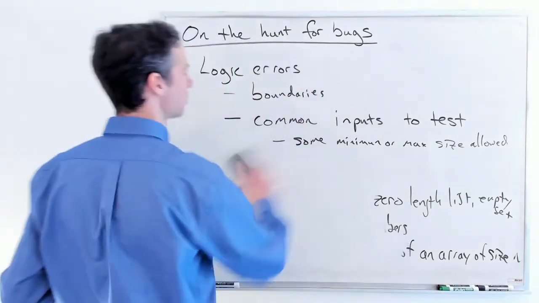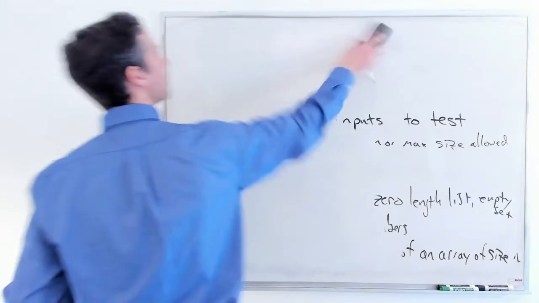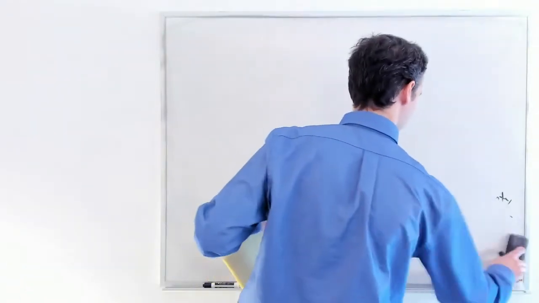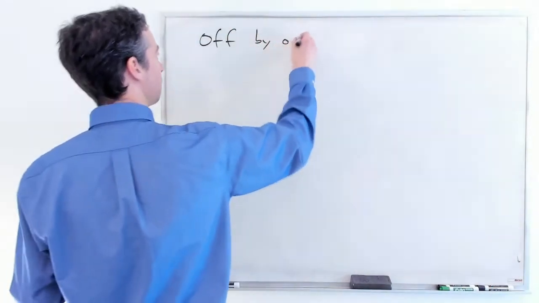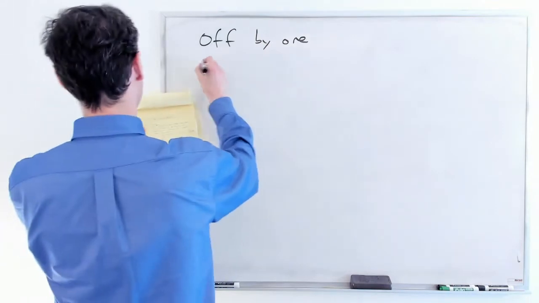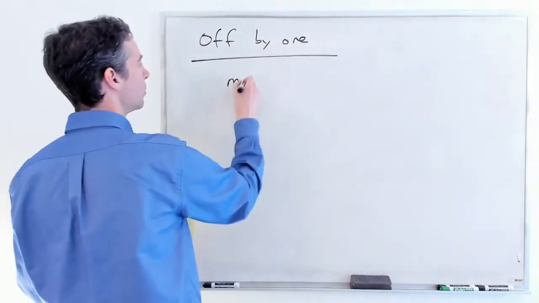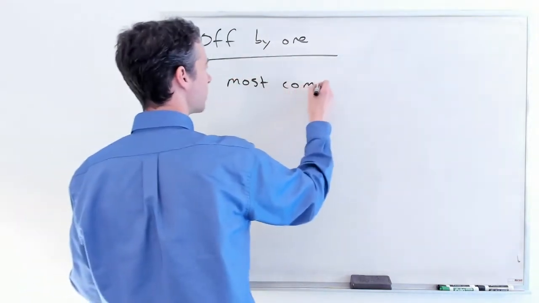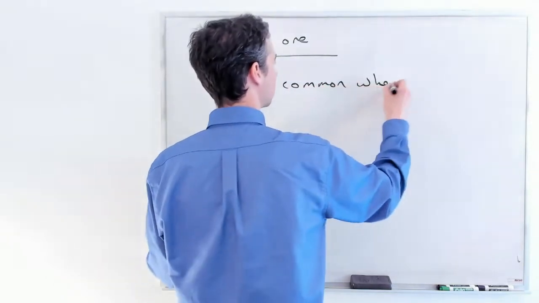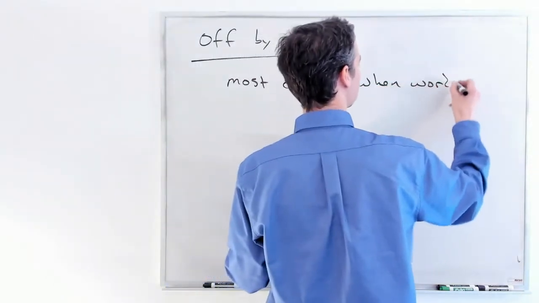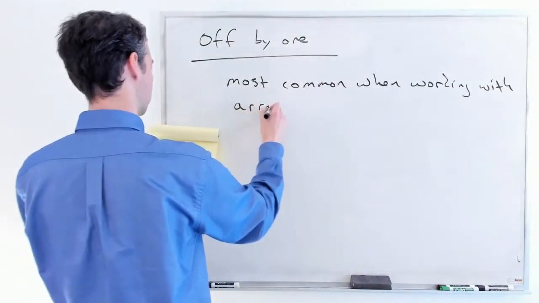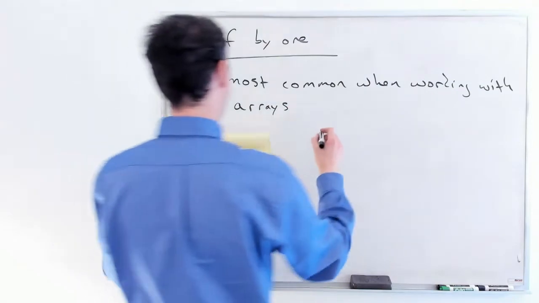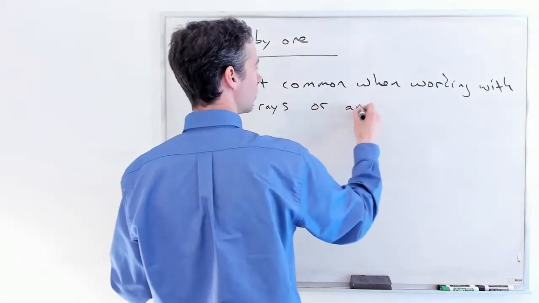Those really lead into this general notion. Let's just be explicit about it. We call these off by one mistakes. So this is most common when working with arrays, or any sort of list.